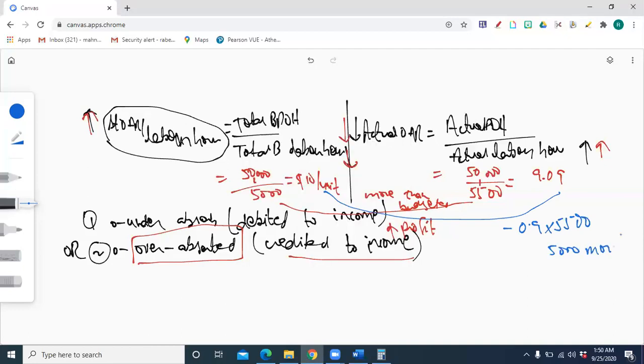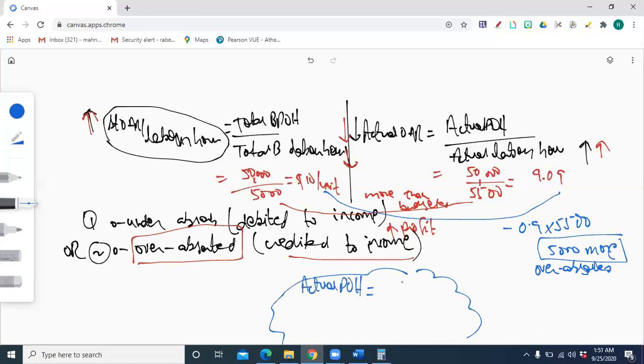This will lead to 5,000 over absorbed, or the other way around. Just apply the formula. See here, actual production overhead incurred is 50,000, but I absorbed on the basis of the standard rate of 10. However, the actual rate was 9.09. Sorry, it's not per unit, it's per labor hour.